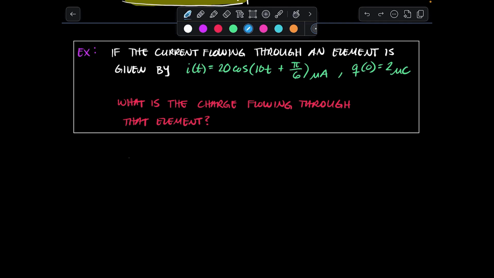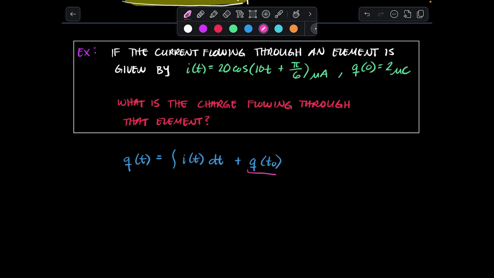And again, we'll use this formula right here. Q of t equal to the integral of I of t dt plus Q of t0.